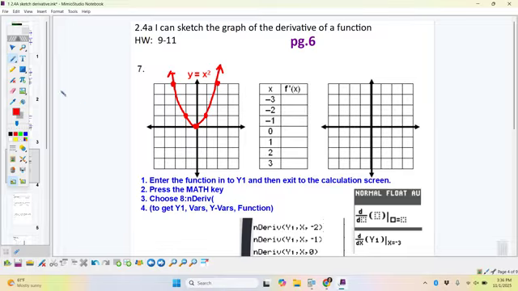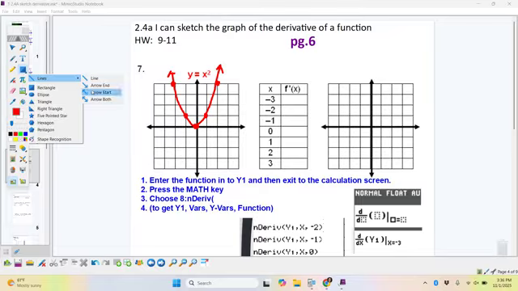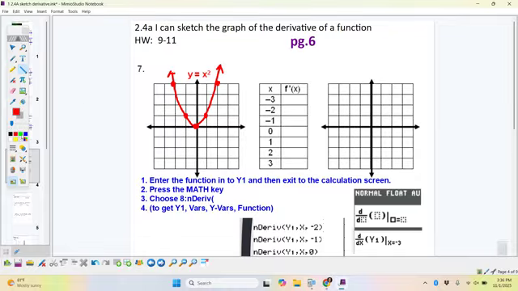And to get the derivative values, we could draw tangent lines at all the x's. I don't recommend this. I'll just show you what it would look like. So we can draw a tangent line at -3. Oh, I didn't really line that up very well. And count the slope, and then we could draw a tangent line at -2.